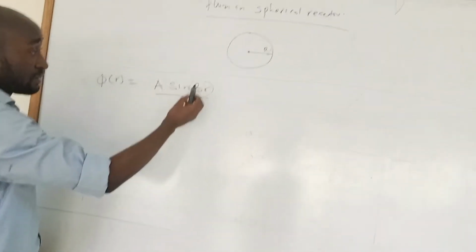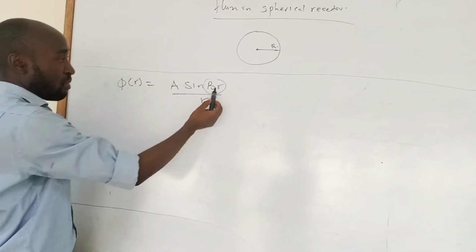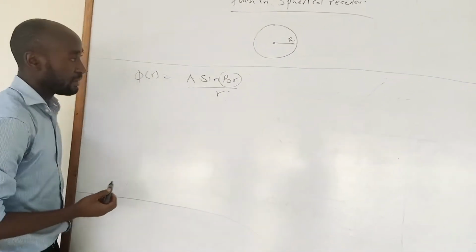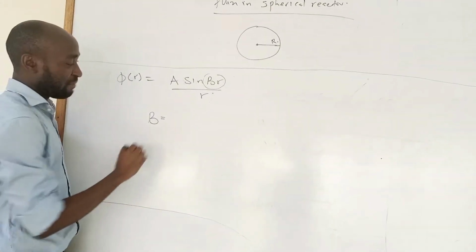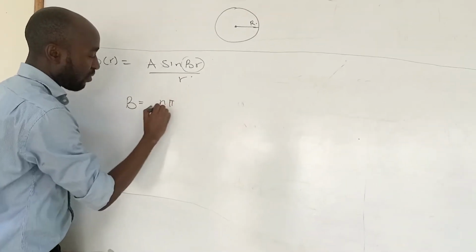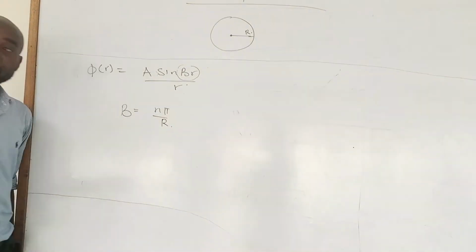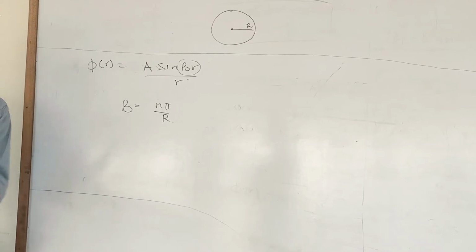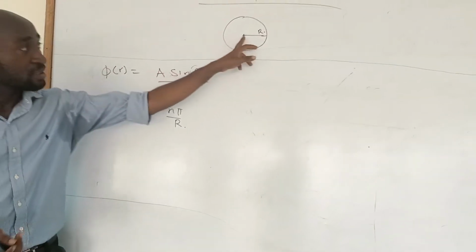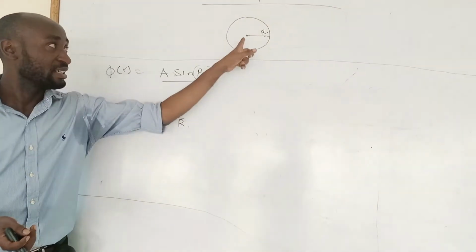This B, like before, can be n pi over r. You know, in a slab, the thickness is a. In a spherical, it will be what?